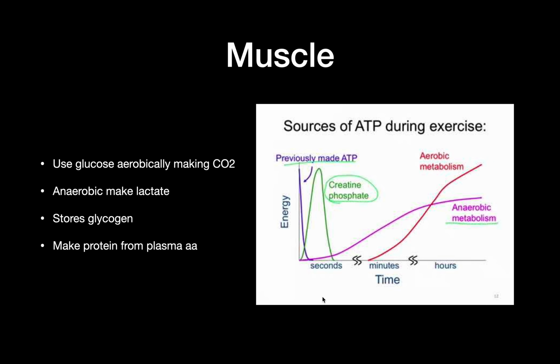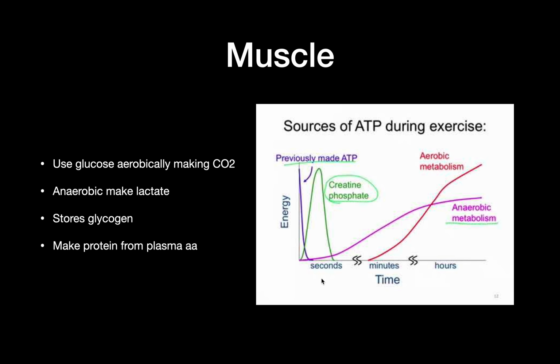HIIT workouts, of course, are very short, and this is the workout that will burn through previously made ATP. So this is like the stressor that makes you catabolize the energy quite quickly.